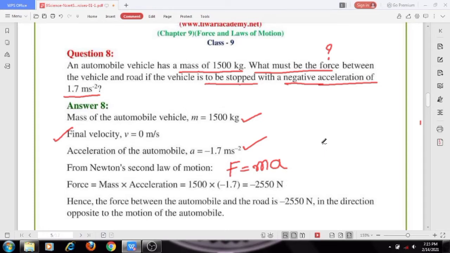Whenever you watch these videos to learn how to solve problems, please take the question on a separate sheet of paper and practice by yourself. Hence the force between the automobile and the road is minus 2550 Newton, in the direction opposite to the motion of the automobile, because it is negative.